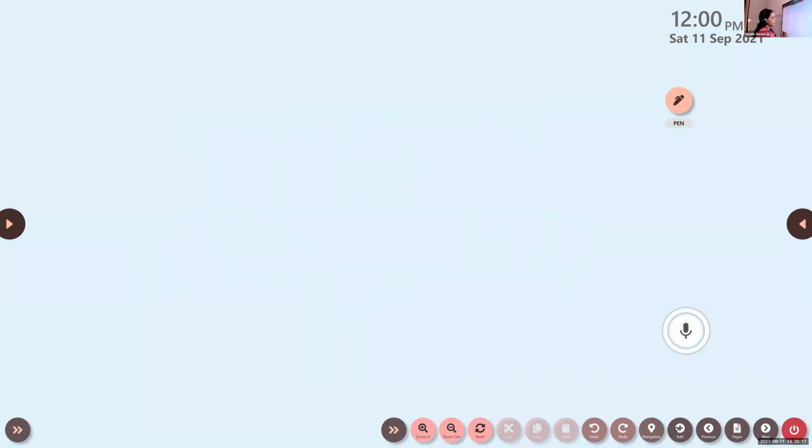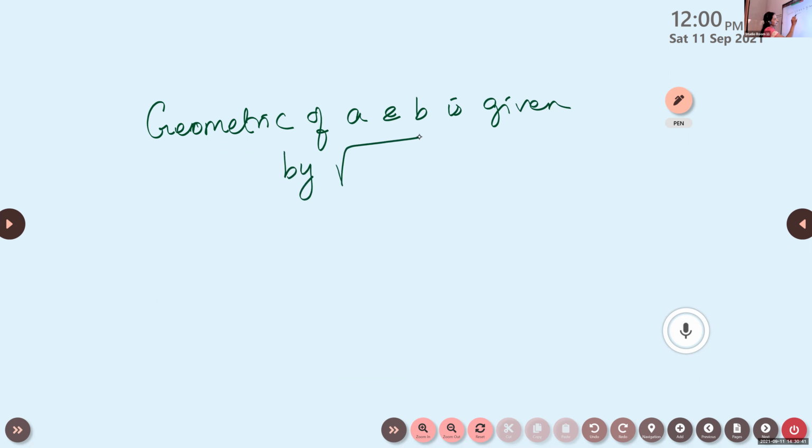Suppose we are given two numbers A and B. Then the geometric mean of A and B is given by root of AB. There we divided by 2, isn't it?